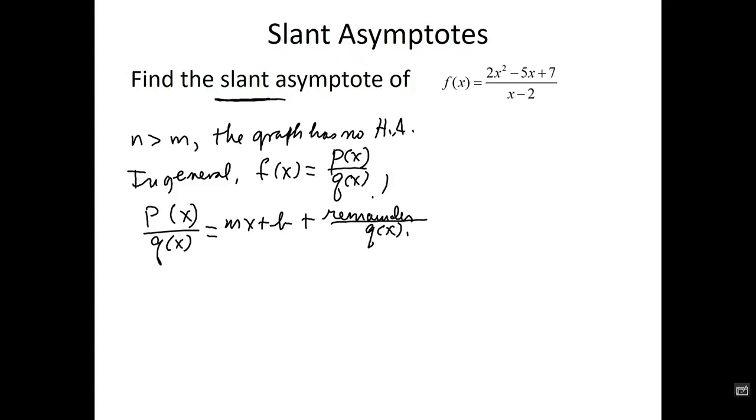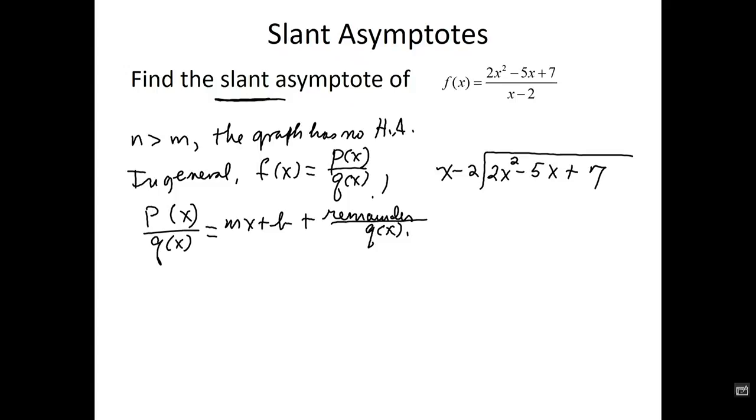All right, so we have 2x squared minus 5x plus 7 divided by x minus 2. So that's x minus 2 divided into 2x squared minus 5x plus 7.